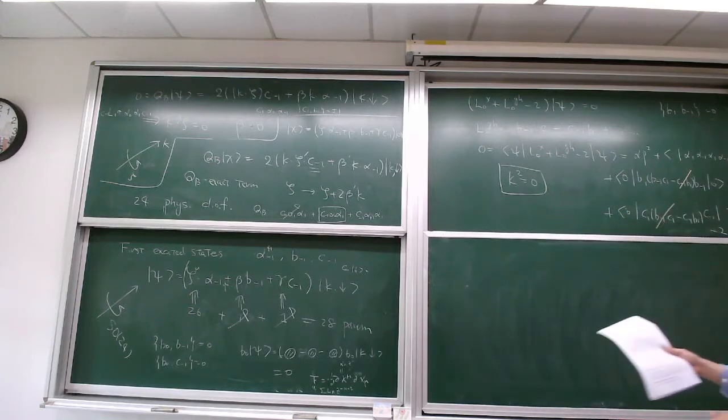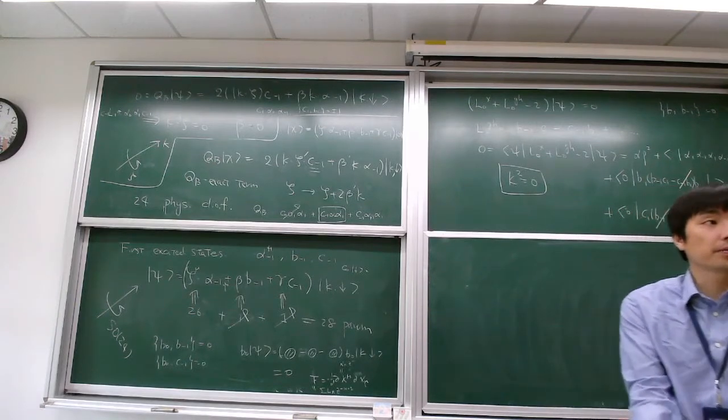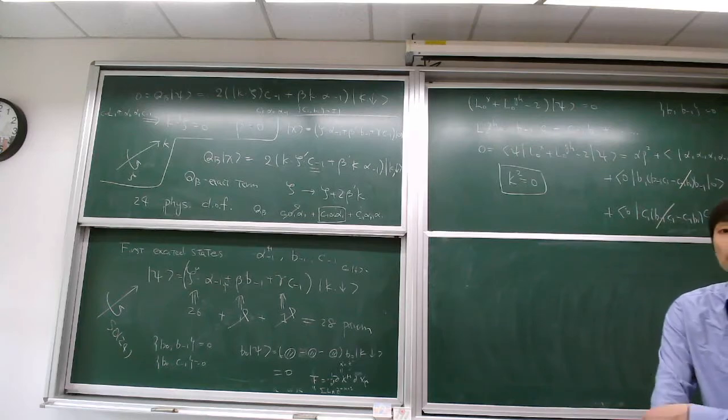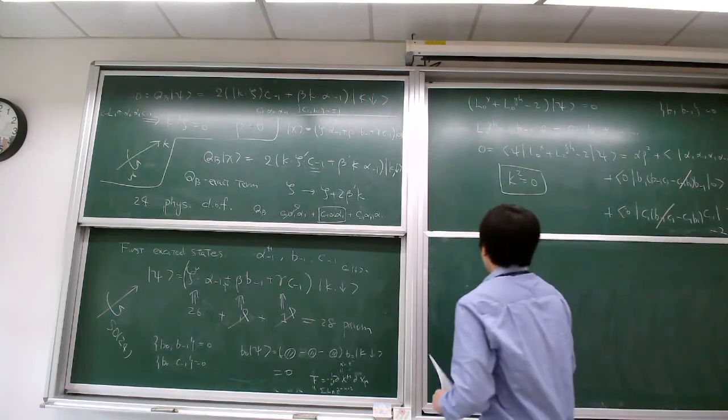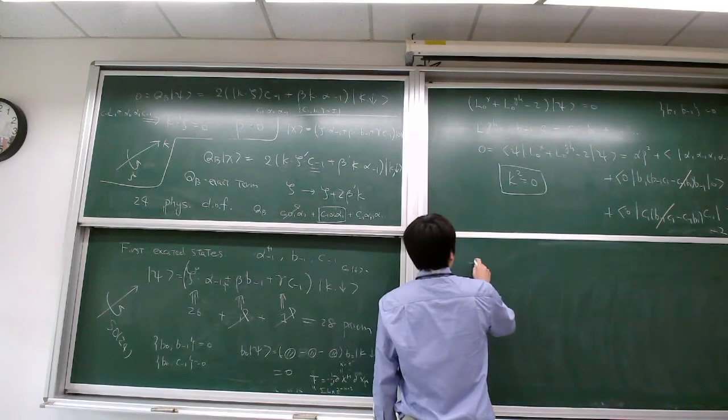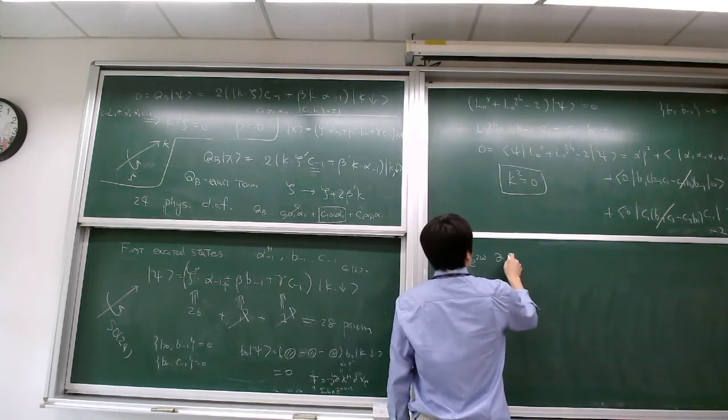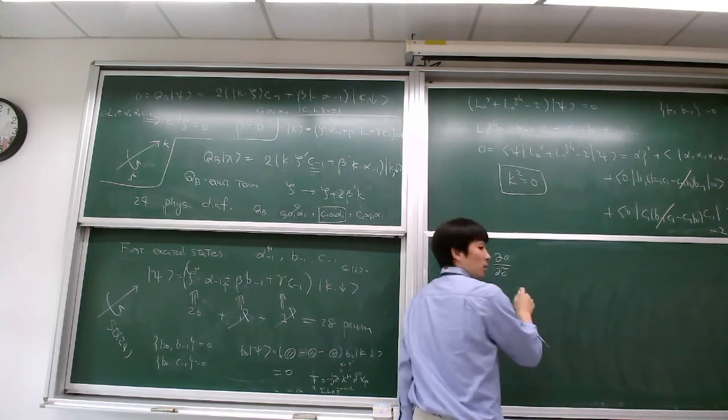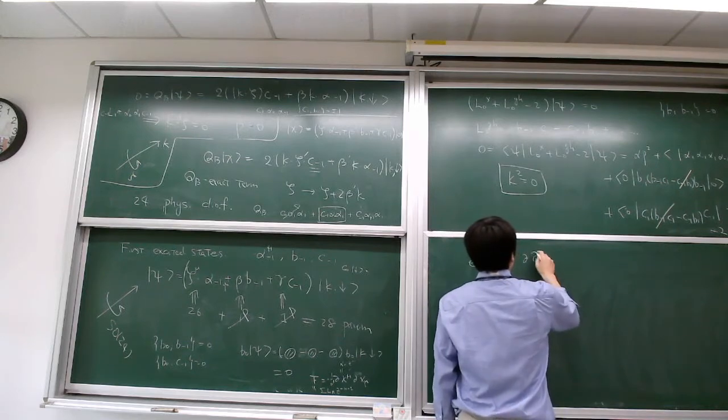As I mentioned, last time I briefly gave you what the moduli space or Riemann surface is. As I mentioned last time, there is an ambiguity for the metric.